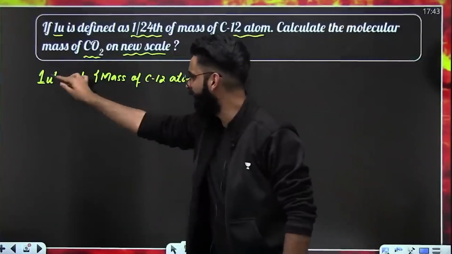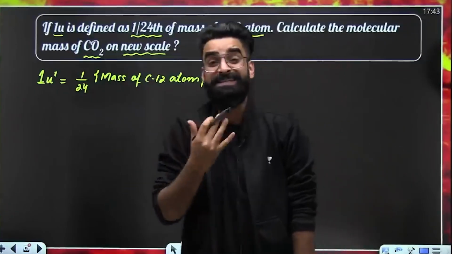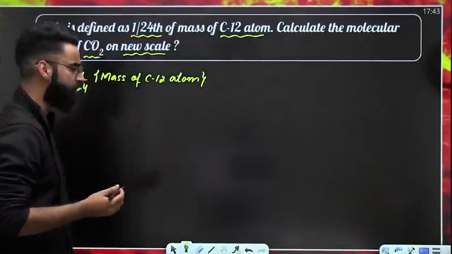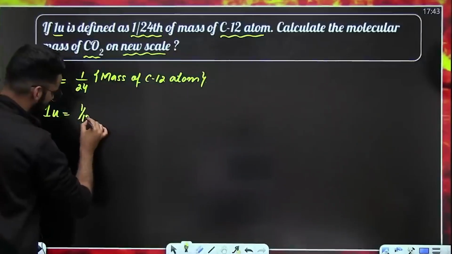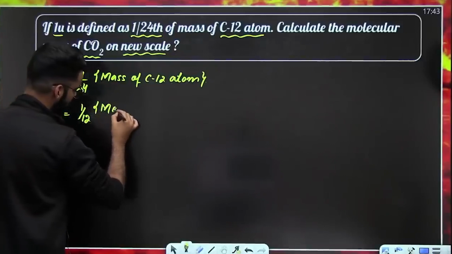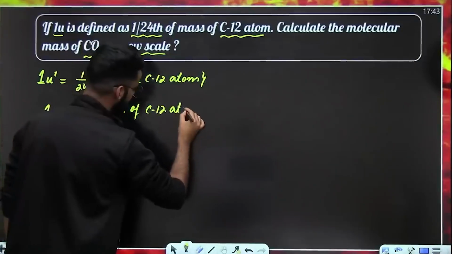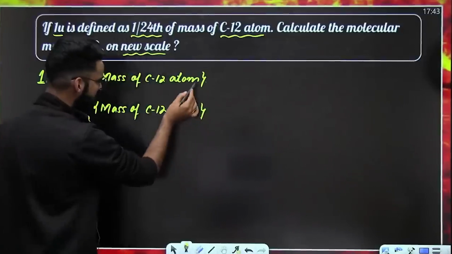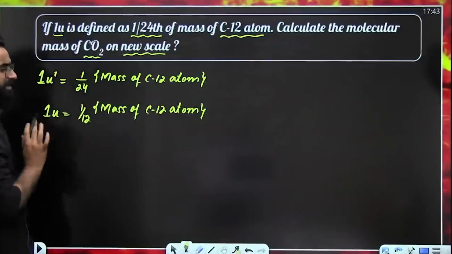So this is the new scale. The scale which we have chosen long back is 1U is 1/12th of the mass of carbon-12. So the first statement is the new scale, and this one is the conventional scale, the old scale.